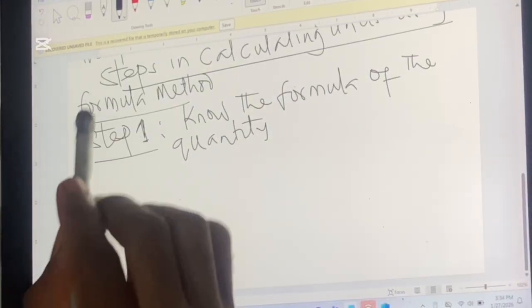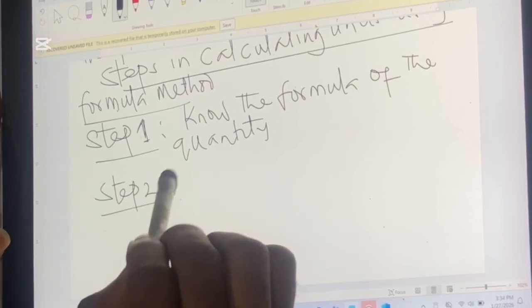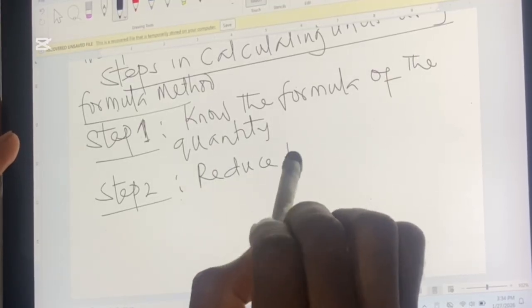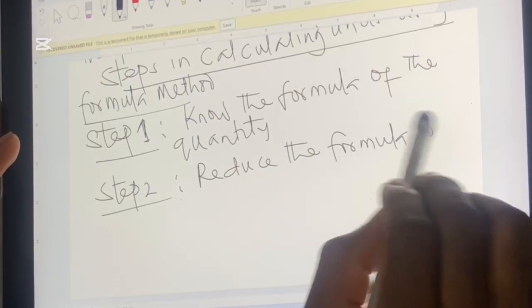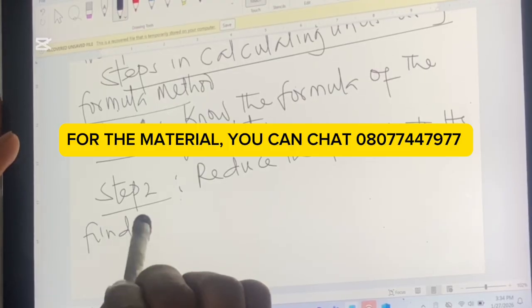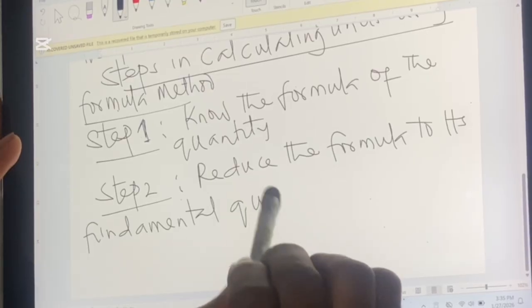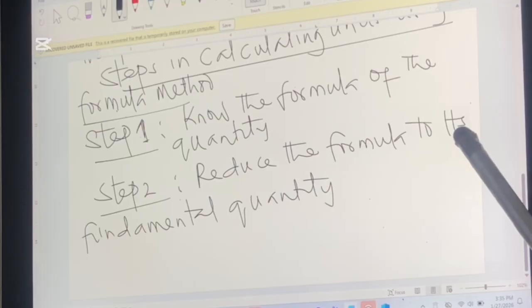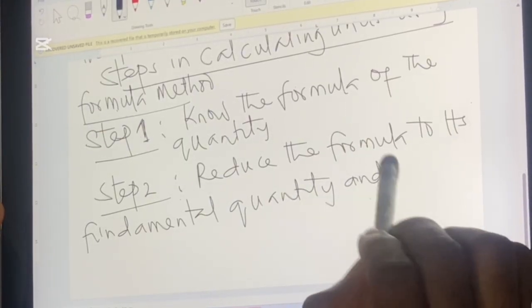Let's take step 2. Step 2, reduce the formula to its fundamental quantity and simplify.